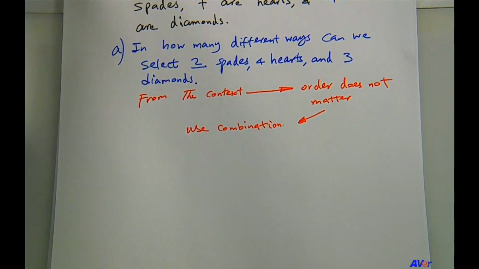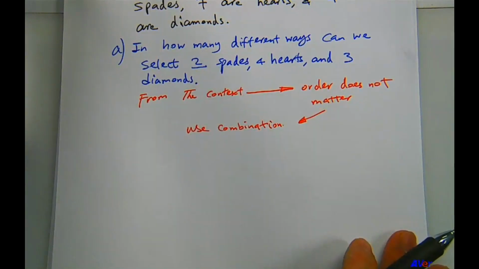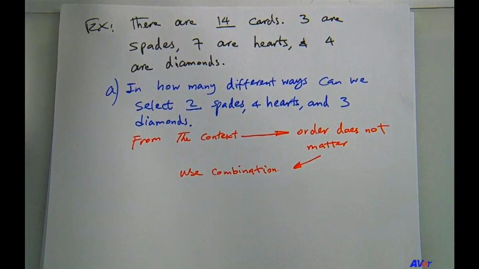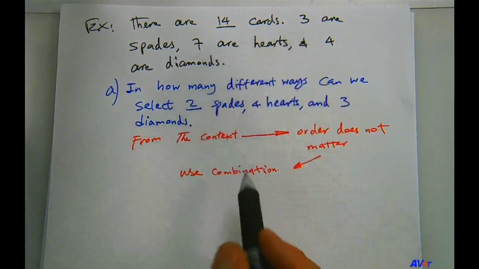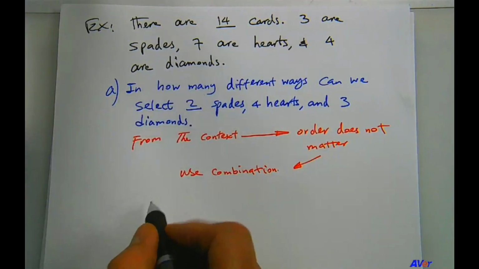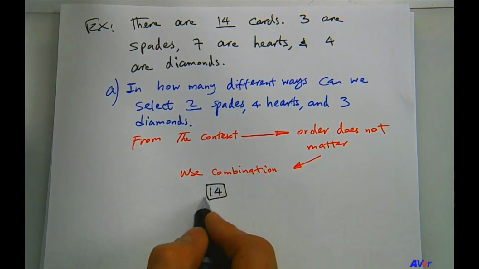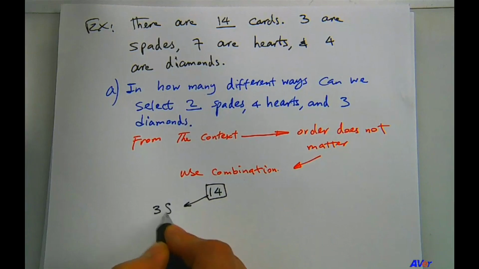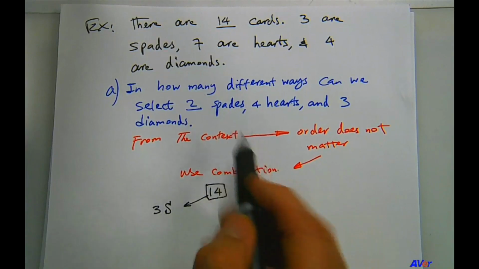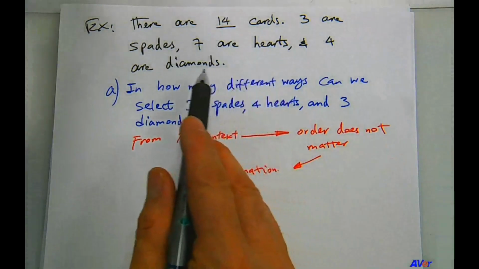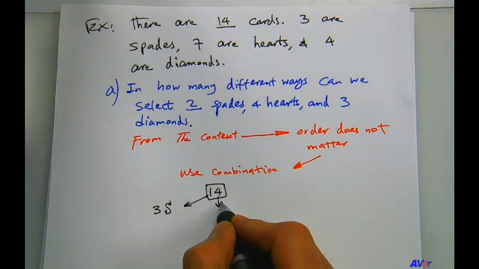Okay, so knowing that, then let's organize this information. Bring this down. So we have 14 cards total, 3 are spades. We have 3 spades. I'm just going to put an S there. And 7 are hearts.